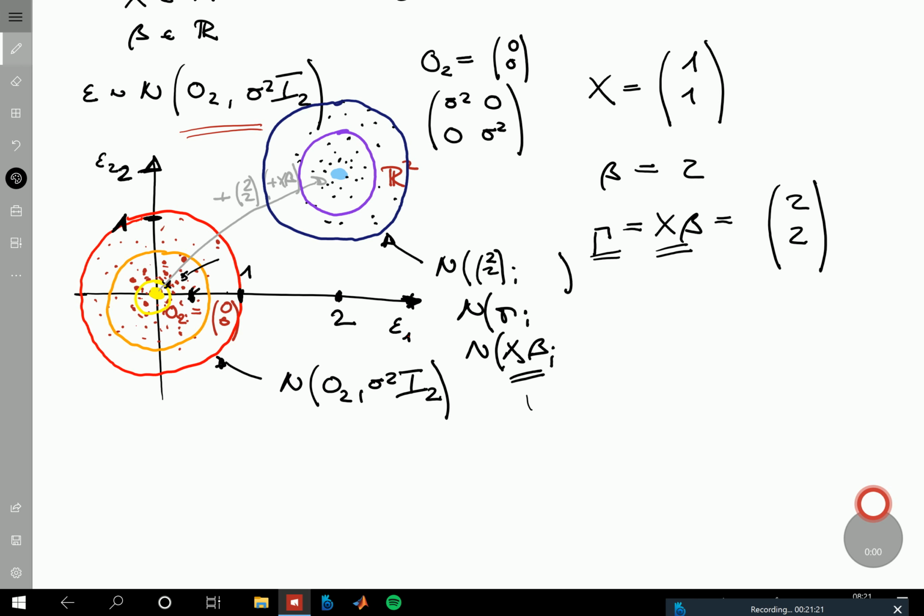And what about the covariance matrix? Think again that the covariance matrix encodes the shape of the distribution around the expectation parameter. So has this shape changed, or has it not changed? Not changed. So what do I put there?